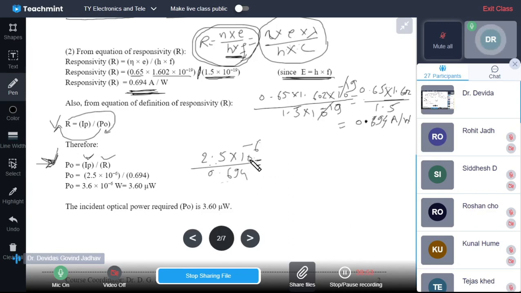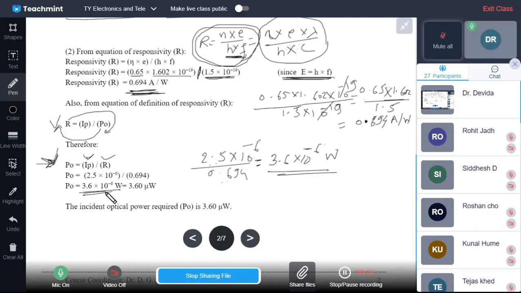So you will get 3.6 multiplied by 10 raised to minus 6 watt.